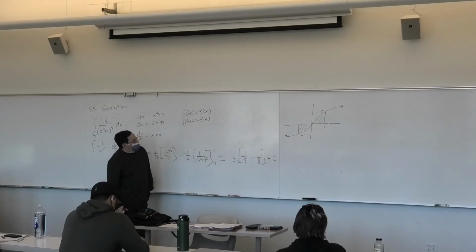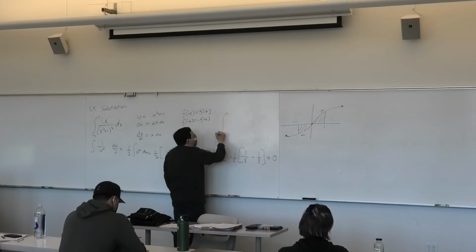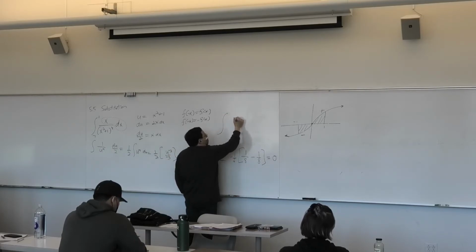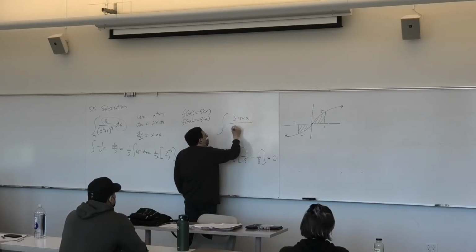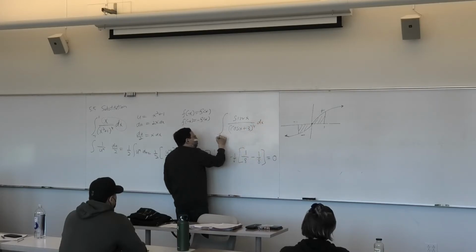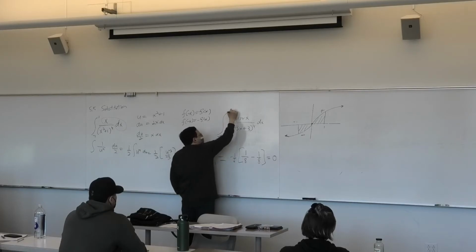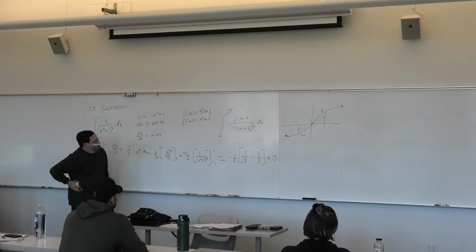That's just a little trick. You could have a very complicated, ugly-looking expression, see something like this and go, oh my gosh, how am I going to find an antiderivative?